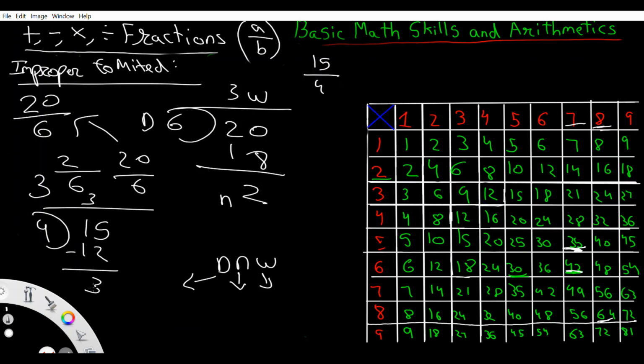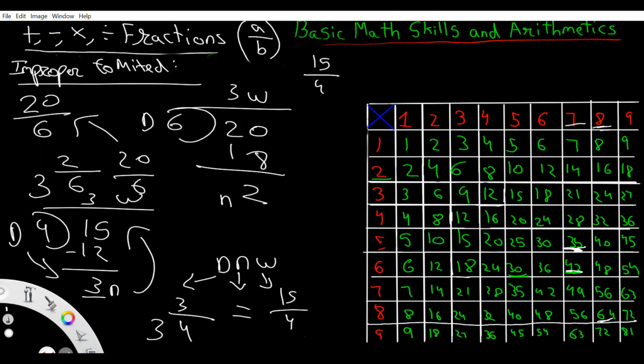So we remain with 3. Again, D N W. So D is the denominator, so you add D here and move clockwise. D N W. So 3 is the whole number, 3 is the numerator, and 4 is the denominator. 3 times 4 is 12. 12 plus 3 is 15 over 4.